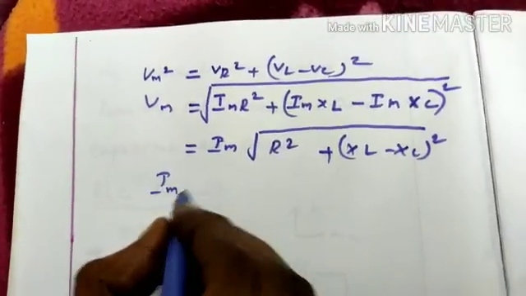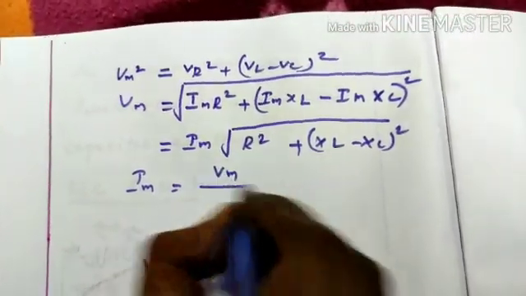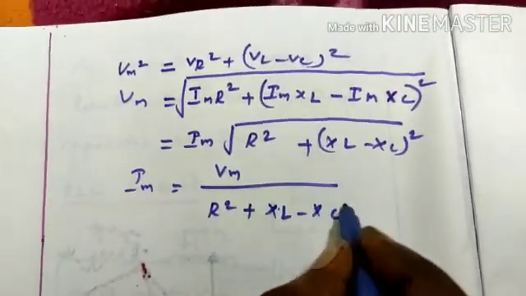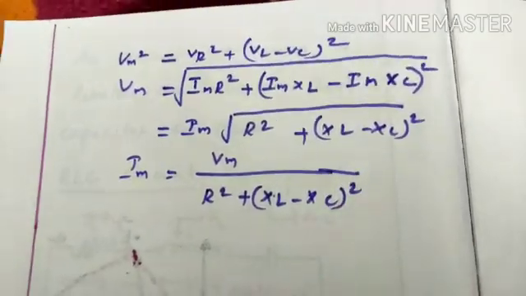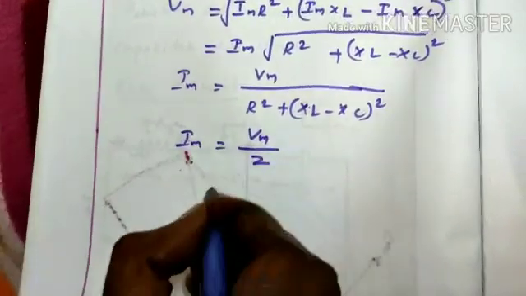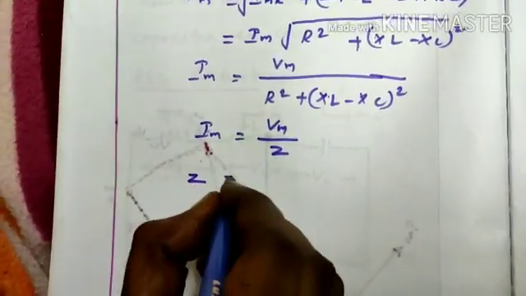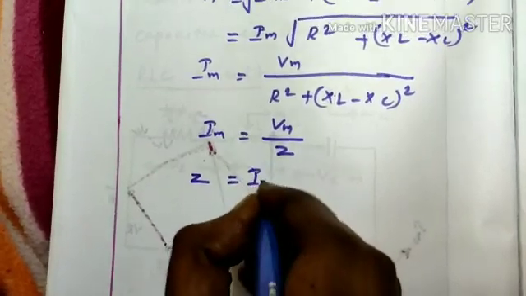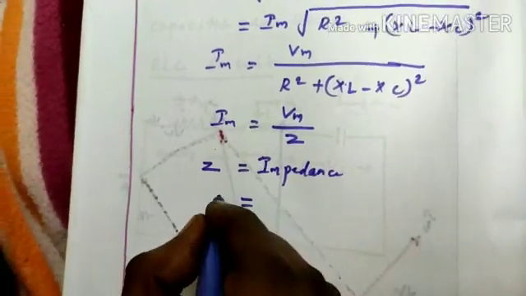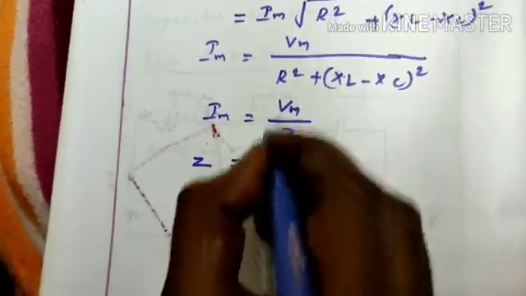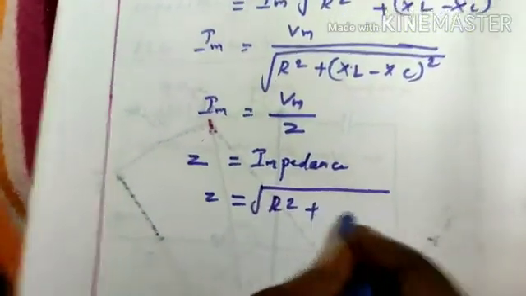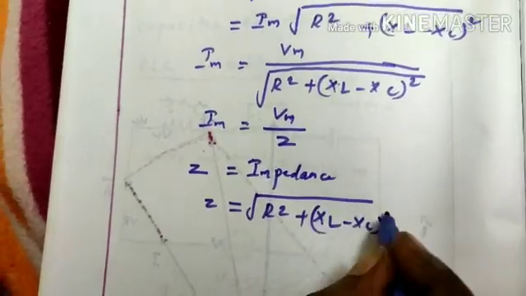Now Im is equal to Vm divided by Z, where Z is the impedance, Z equals the root of R square plus XL minus XC the whole square.